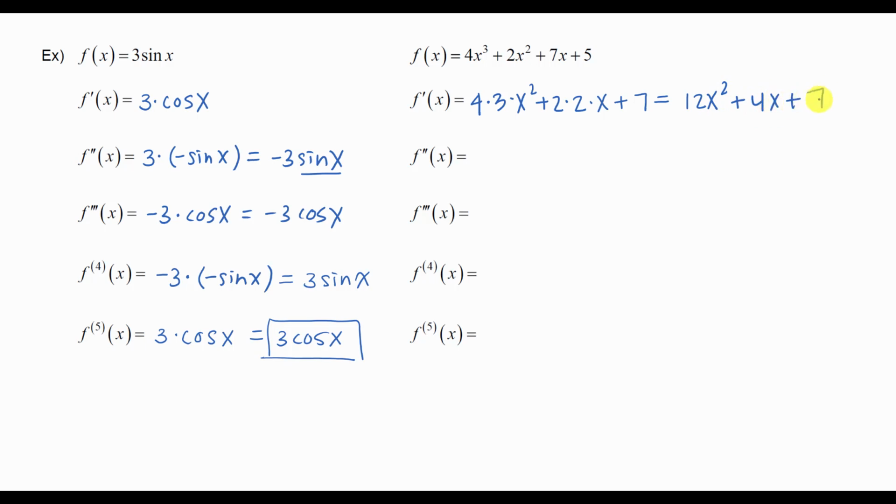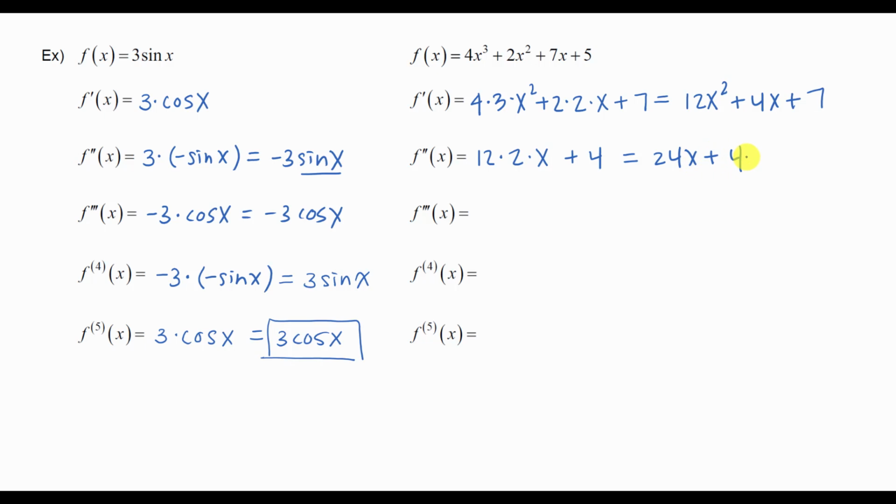And now let's take the derivative of that, which will give us the second derivative. So the second derivative now is 12 times, putting the power 2 down, lose 1 power, so you get x, plus the derivative of 4x is just 4. The derivative of a constant is 0. So I'm just going to get 24x plus 4. The third derivative will be the derivative of the second derivative.